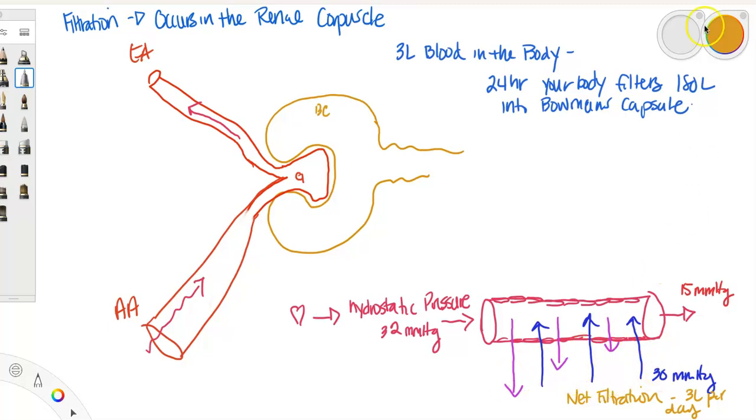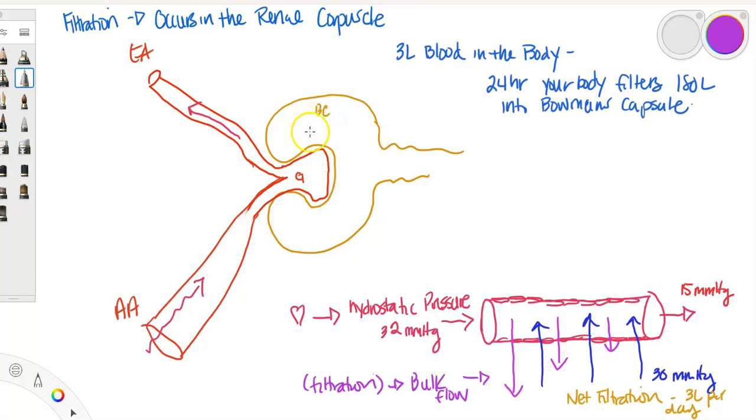So this here, we know anything comes out this way is bulk flow. So that's fluid coming out, stuff being pushed through the wall. Okay, that is filtration. Bulk flow.